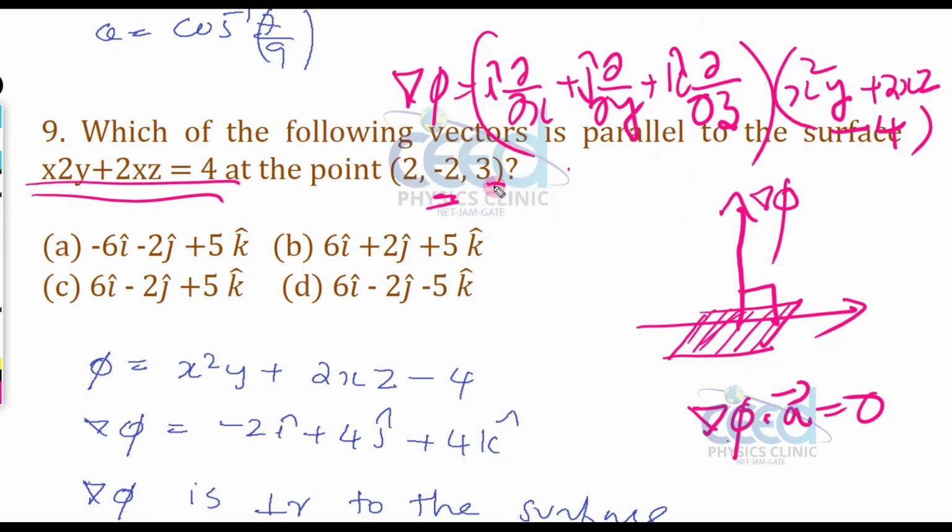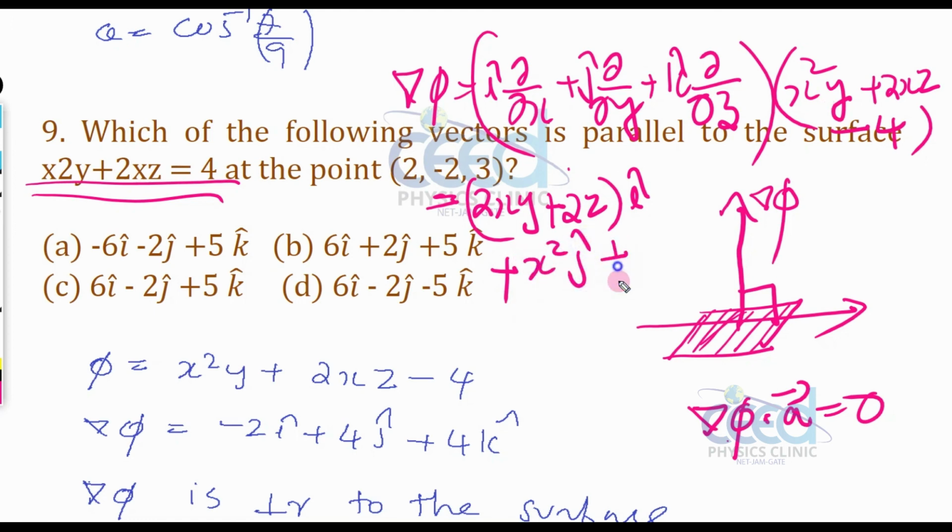The first term is 2xy plus 2z i cap, the second term with respect to y is x square j cap, and the third term with respect to z is 2x k cap.